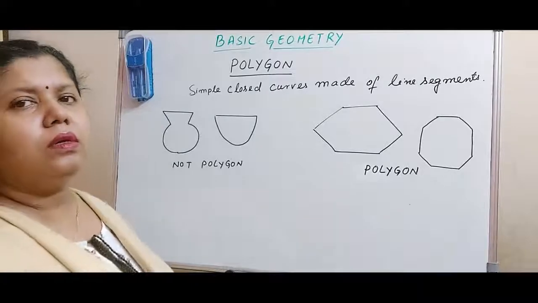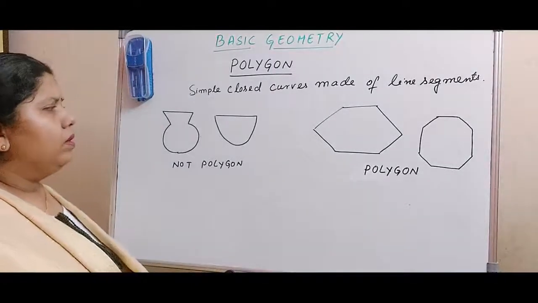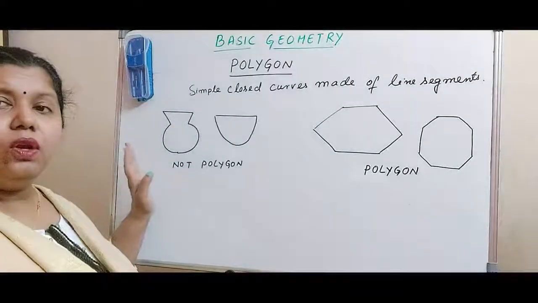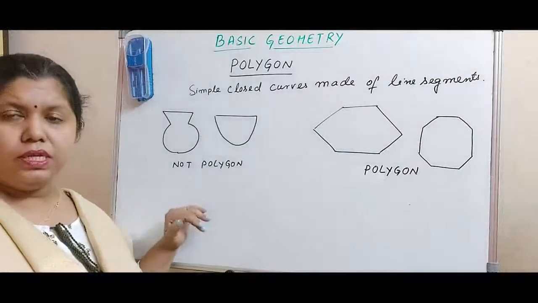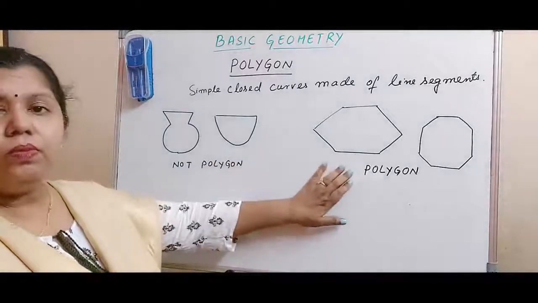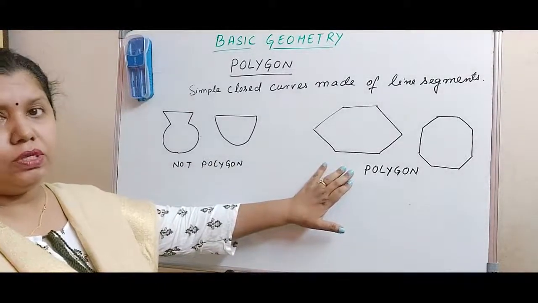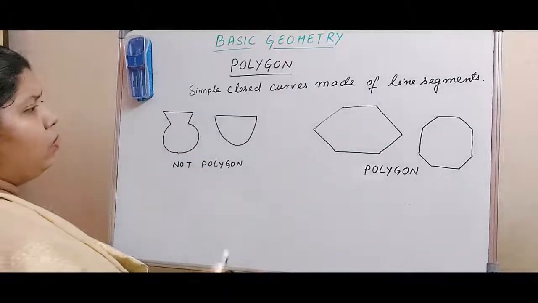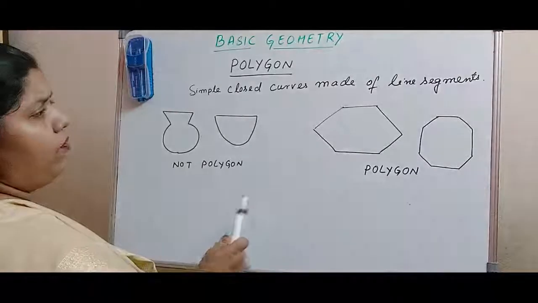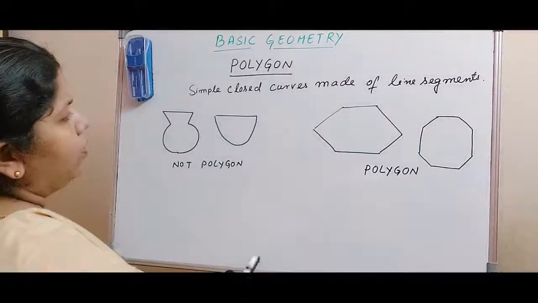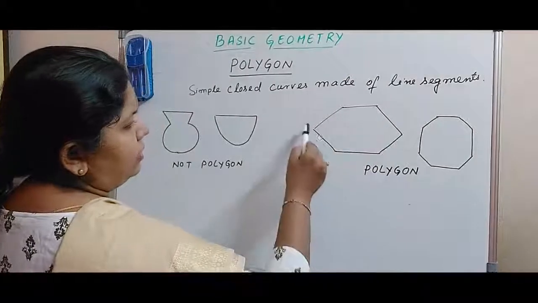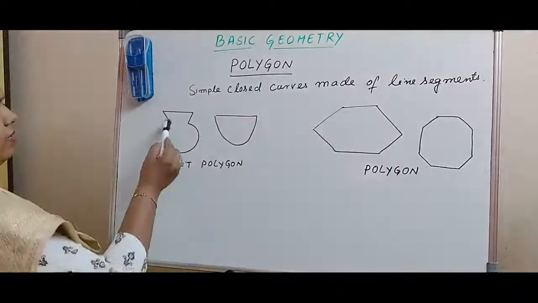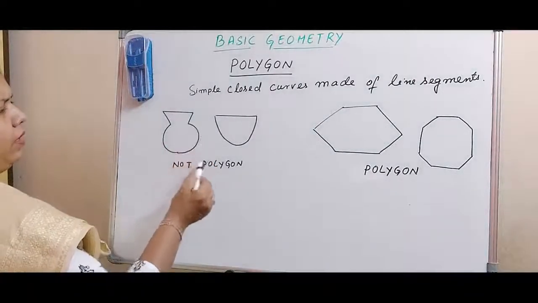Now look at these diagrams over here. These first two diagrams are simple closed curves. They are not overlapping, meaning they are not crossing themselves. These are also simple closed curves which are not crossing themselves, but there is some difference. These closed curves are made up of line segments. You can see only line segments are touching each other and forming the shape. And here you can see there are curvy lines, not straight lines.